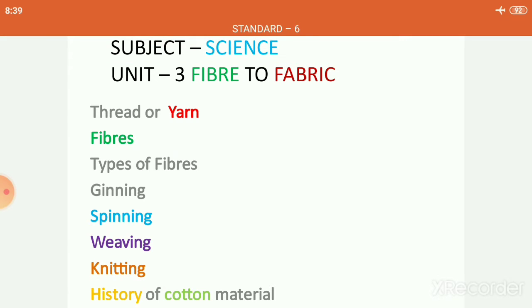We'll talk about weaving, knitting, and finally we'll talk about the history of cotton materials. So one by one we will try to explain the points to you.